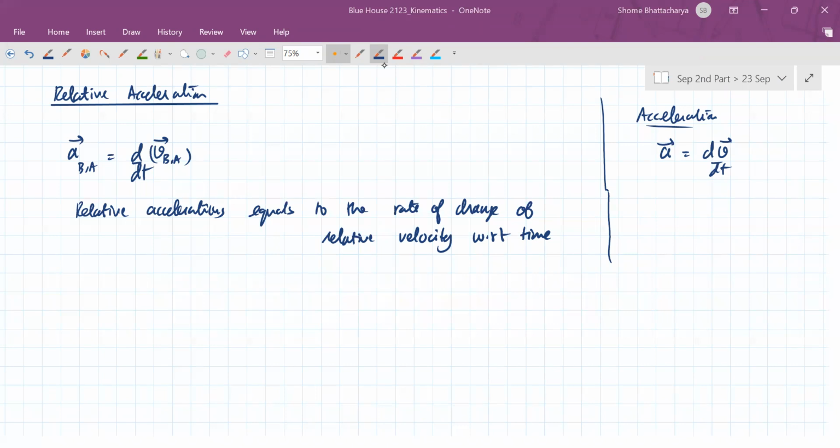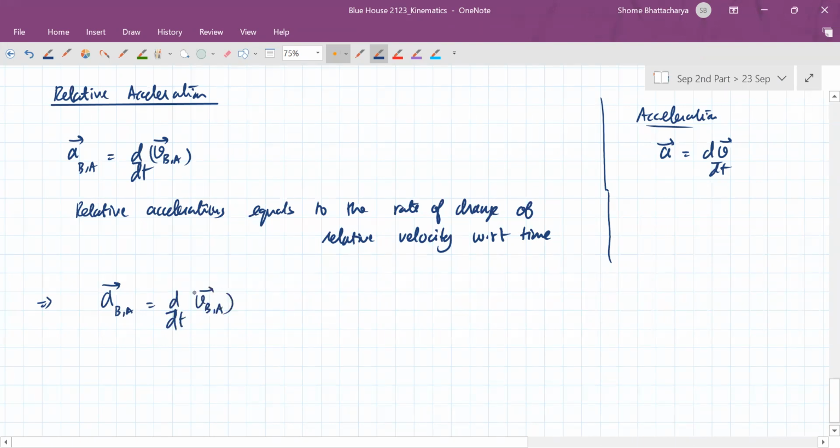Okay. Now the formula will accordingly become, when we expand the right hand side, rate of change of velocity of b with respect to a, when we expand this as the instantaneous velocity of b in the ground frame minus instantaneous velocity of a in the ground frame. We already know this formula, that relative velocity of b with respect to a is vb minus va. So now we just have to take the differentiation operator inside.